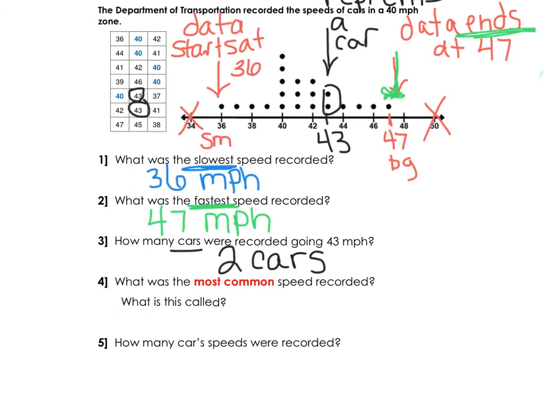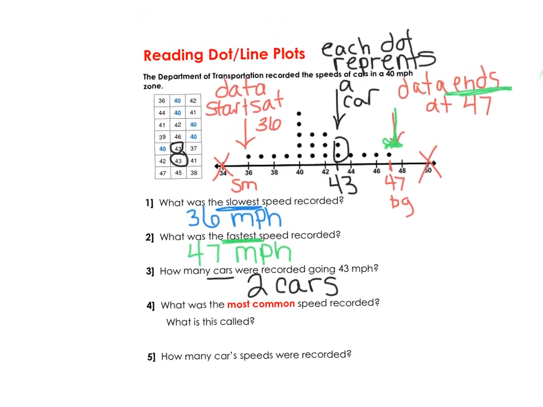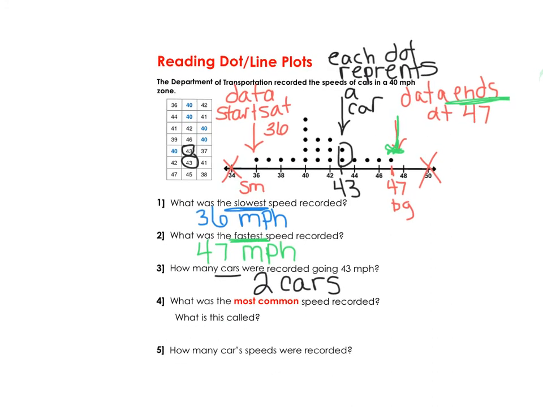Okay. Our next question is, what was the most common speed recorded? Now, most common would be the number that has the most dots. And if we come over here and look at our data, we can clearly see that the number with the most dots is 40.